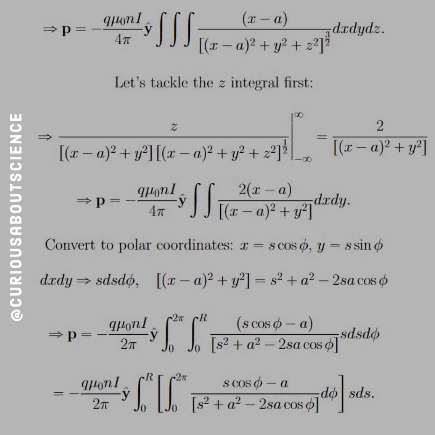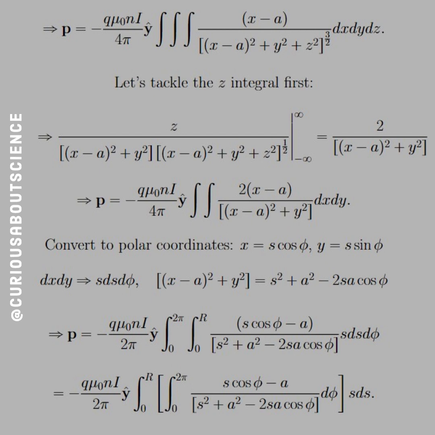And so we only need to worry about the y component. That's why we see on the next page only a y component. So we have negative Q mu naught n I over 4 pi times the triple integral of (x minus A) over script R cubed, which is (x minus A) squared plus y squared plus z squared to the 3/2 power. Let's tackle the z integral first.